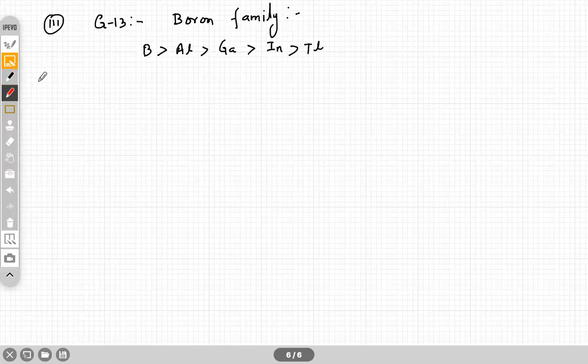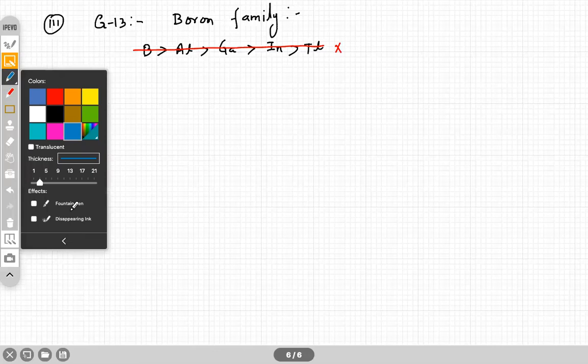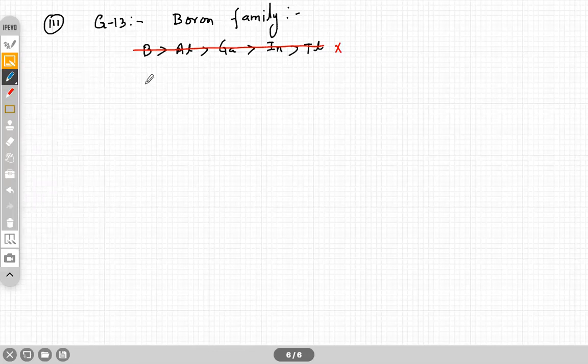But again, this order is also not correct. The correct order here is, you need to memorize 1, 5, 3, 2, 4 in decreasing order, right?